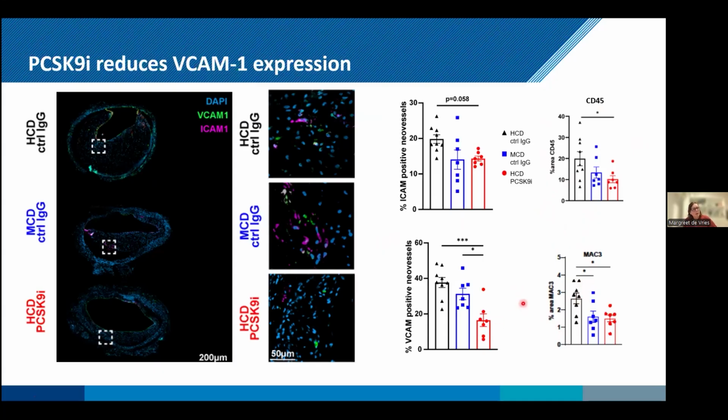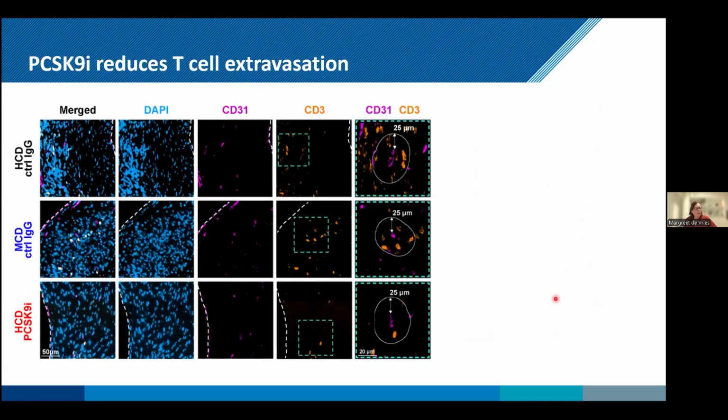So we looked into another form of leukocytes, the T cells, because they connect with the VLA-4 receptor to the VCAM integrins. What we did here is use the CD31 positive neovessels, and we looked in the close surrounding of these neovessels for staining of CD3 positive T cells.